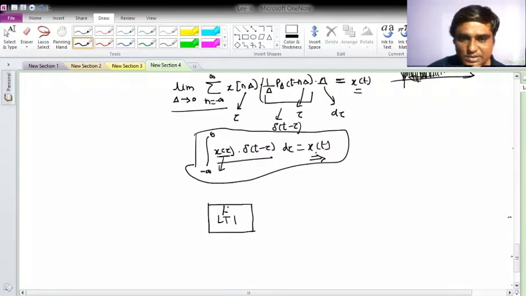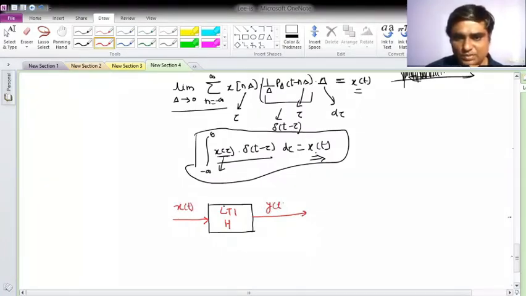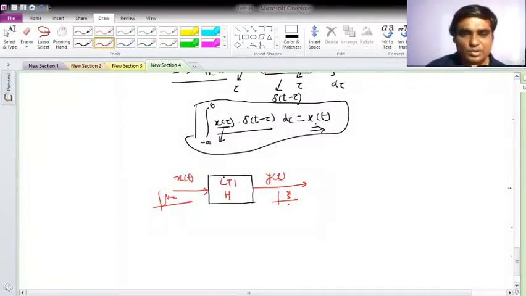And say this is represented with operator H. So this is my LTI, represented with H. Now to this, I'll apply any arbitrary x of t, and I would like to find out what is my y of t. Any arbitrary signal is not readily available, so I can approximate it using this, and let me apply this excitation to the LTI system, and let us see what my output will be in this case.